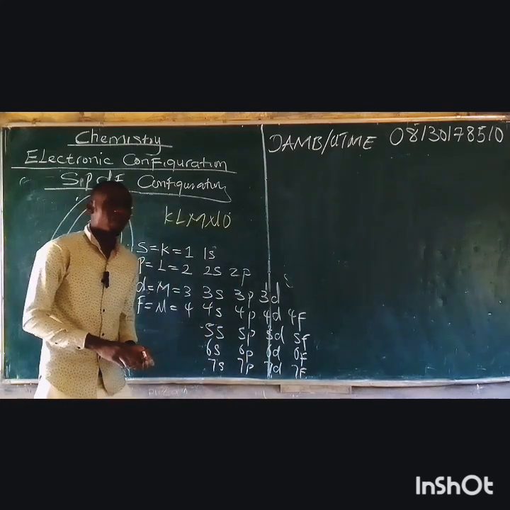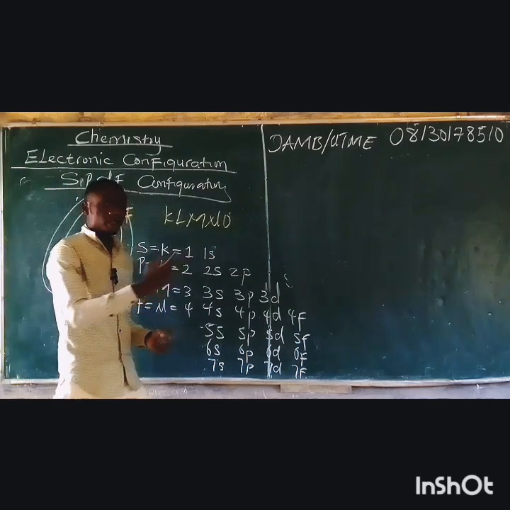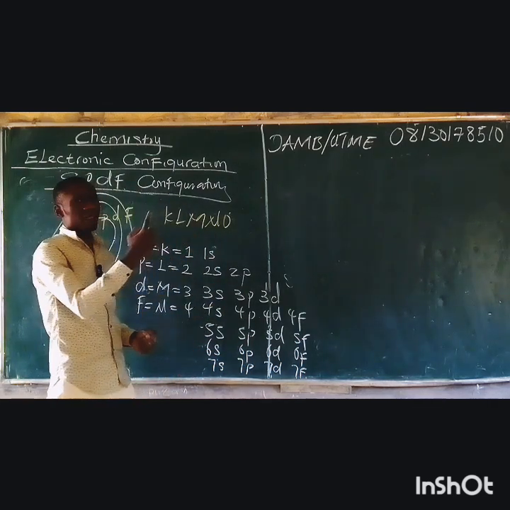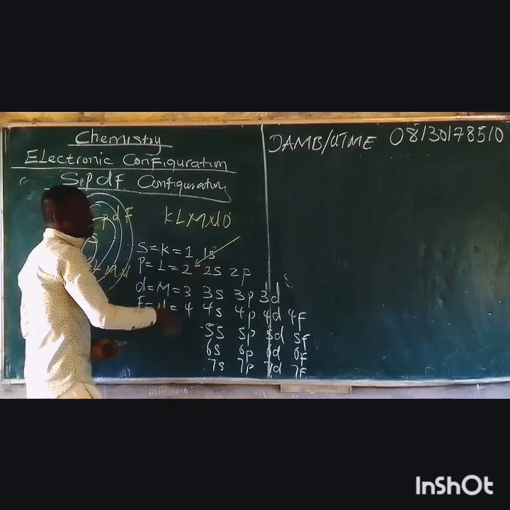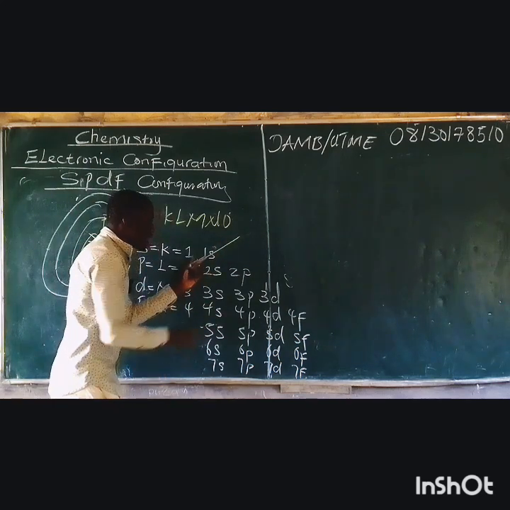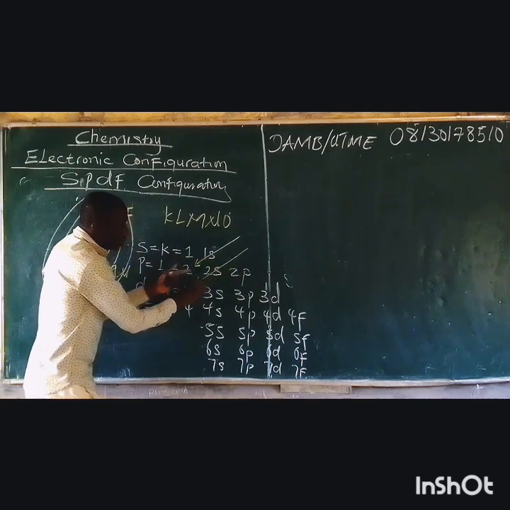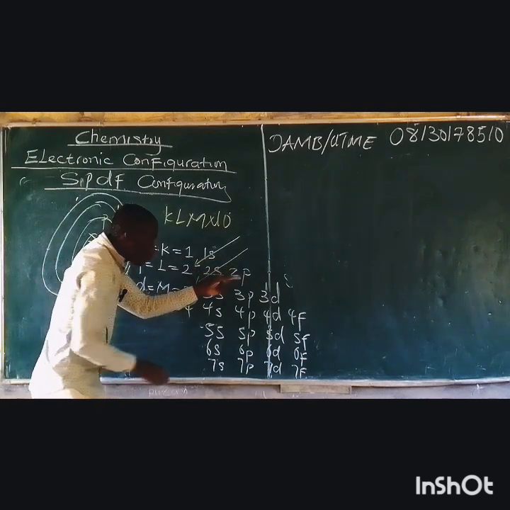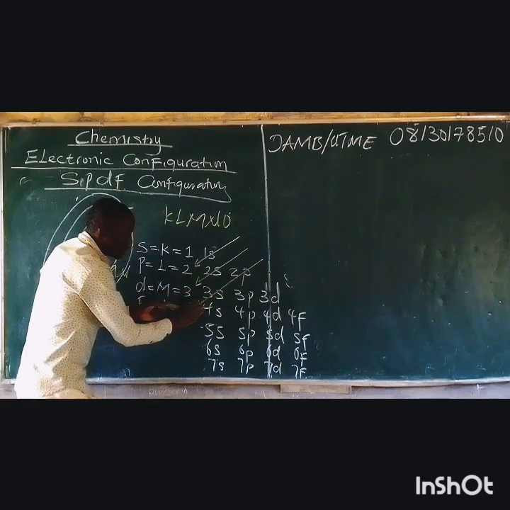Now, according to the Aufbau principle, electrons fill the orbitals starting from the lowest energy level. The lowest energy level here is the 1s, so you first have the 1s2. Just follow my hand. After the 1s2, you have the 2s2. After the 2s2, the next is 2p. After the 2p, 3s.